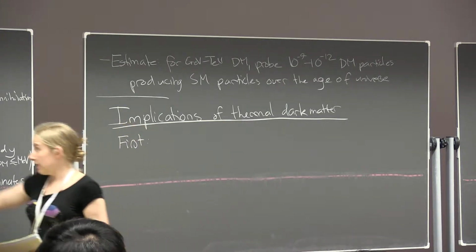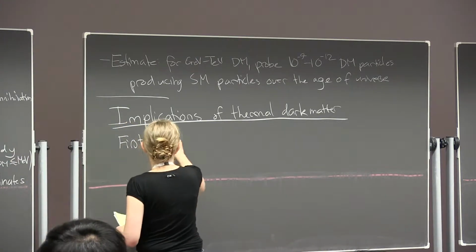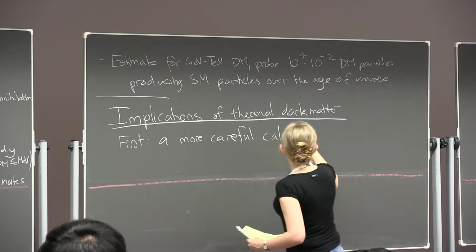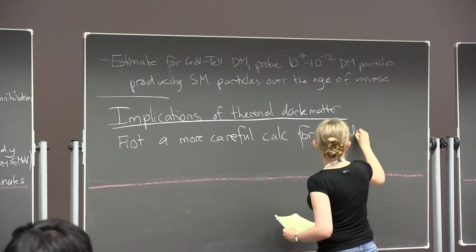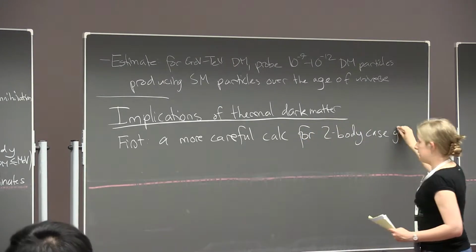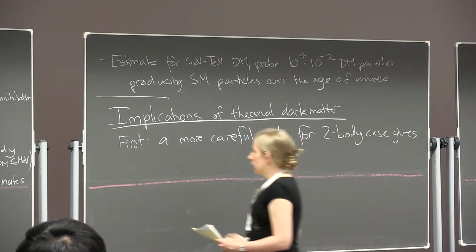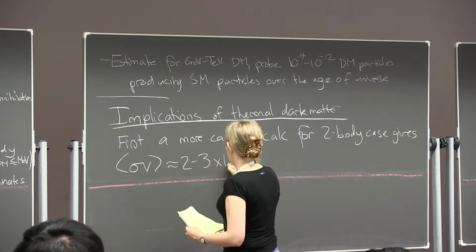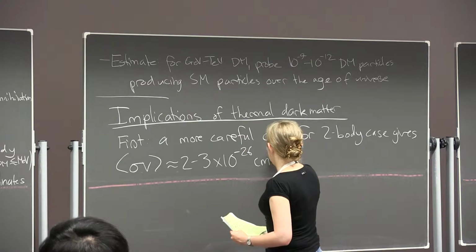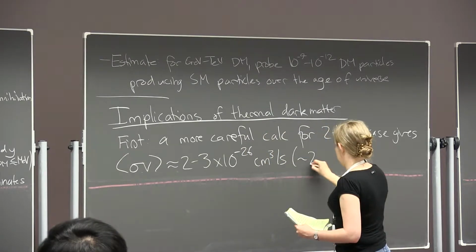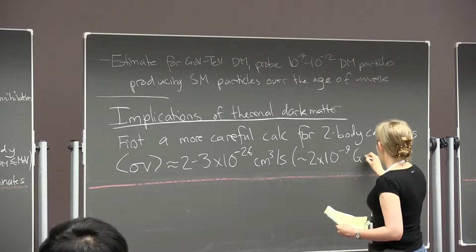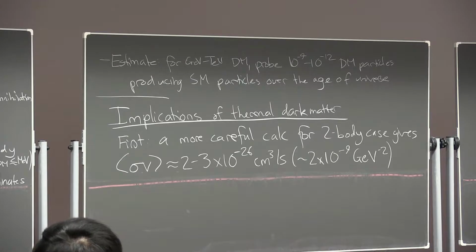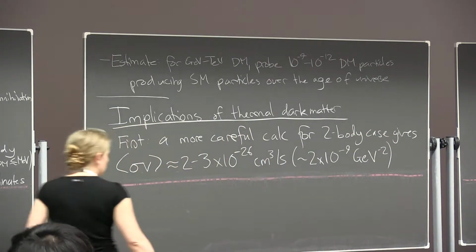If you do this estimate more carefully, putting in all the order 1 factors, there's a paper by Gary Steigman to which I can give you the reference if you want to know, but basically we find that sigma v is 2 to 3 times 10 to the minus 26 centimeters cubed per second, which is about 2 times 10 to the minus 9 inverse GeV squared. So when people talk about the thermal relic cross-section in the literature, this number is usually what they mean.